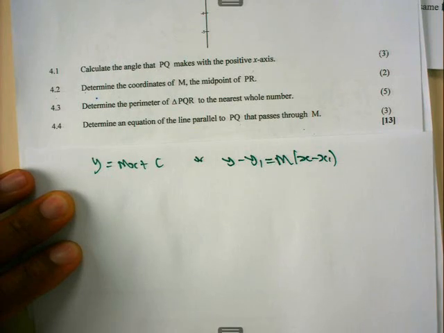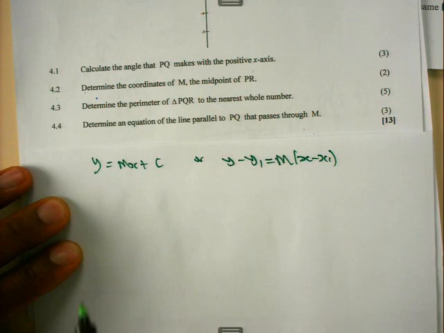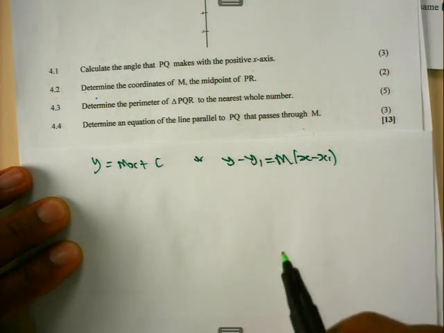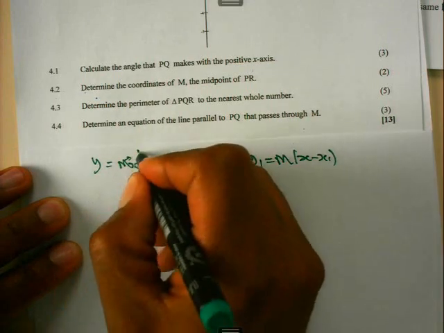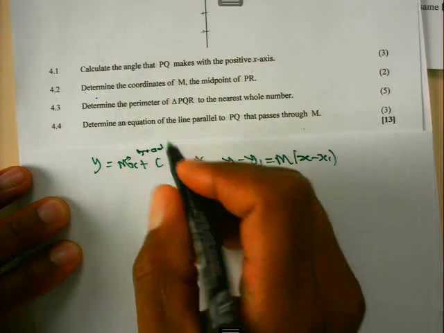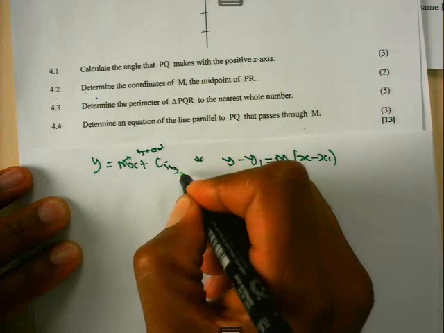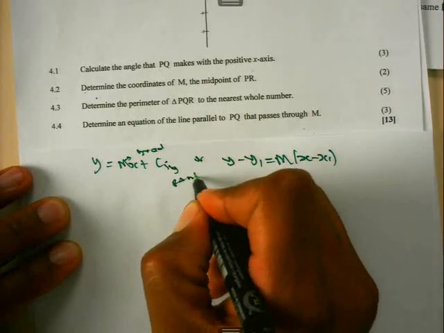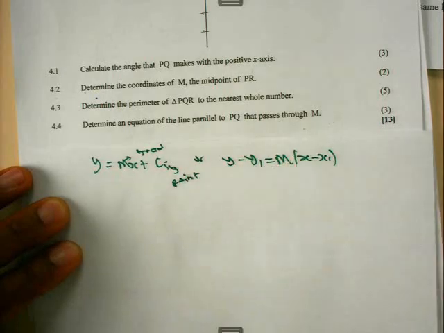Right, now, what are we going to do? Of course, you must ask yourself, if I want to determine the equation of a straight line, what is it that I need here? You agree that this is the gradient, right? This is the gradient, this is the y-intercept, or y value on that line, or you need a point on that line.